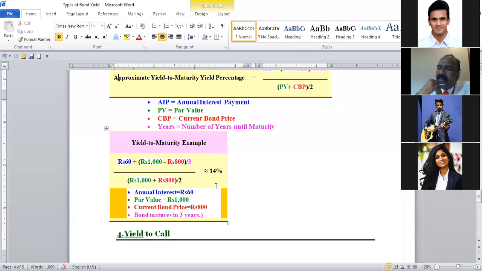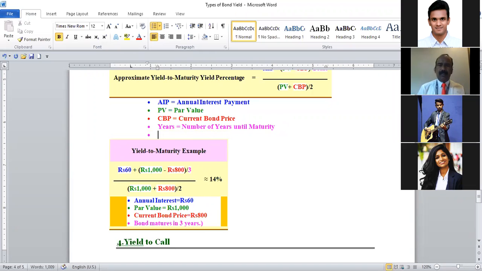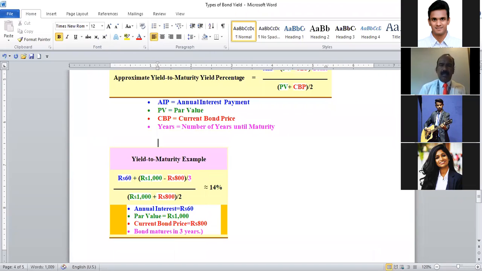Coupon rate 6%. Have all of you written the case? Yes, sir. So can you tell me what is the maturity period? 3 years.